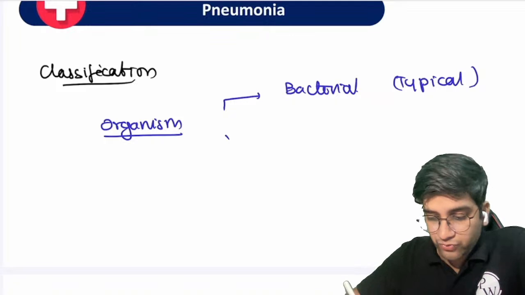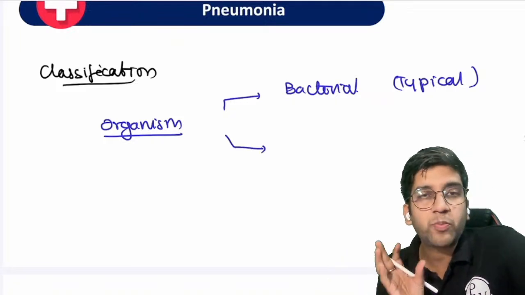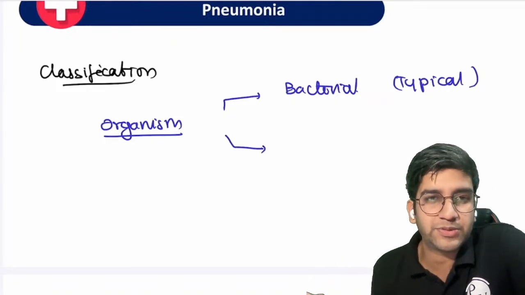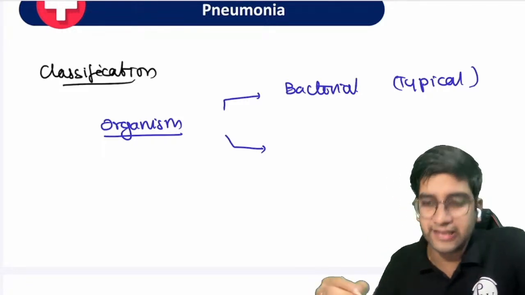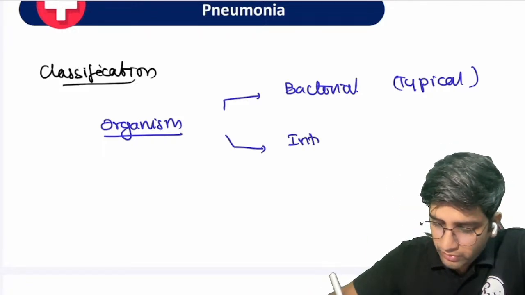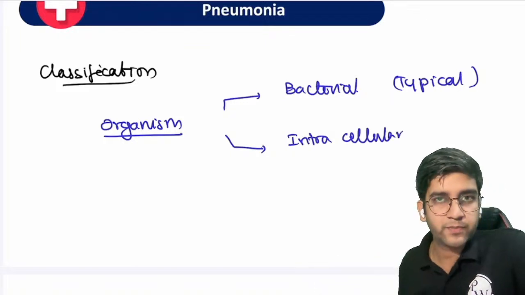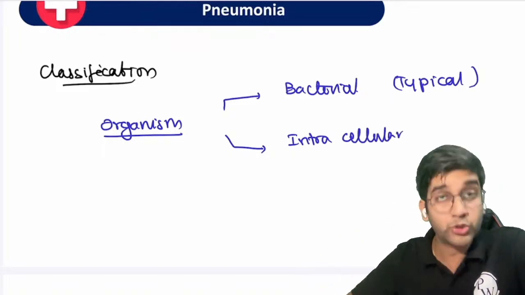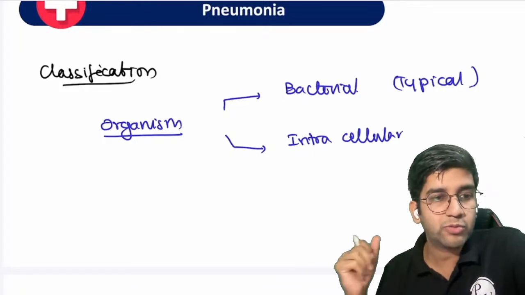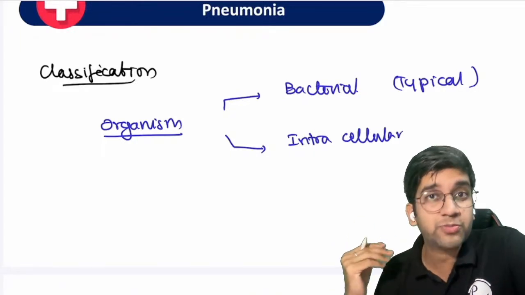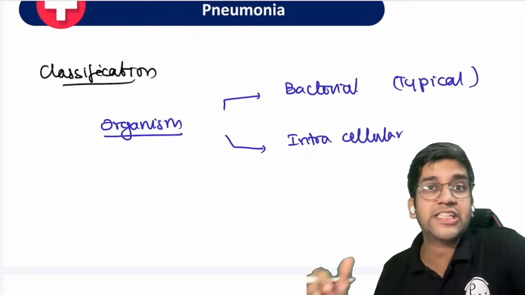Other than that, instead of calling them viral, I'm going to group all the intracellular organisms. Can you name any one intracellular bacteria? All these intracellular organisms, which include viruses, you must have heard about chlamydia, perfect, mycoplasma, legionella, all these are intracellular bacteria.